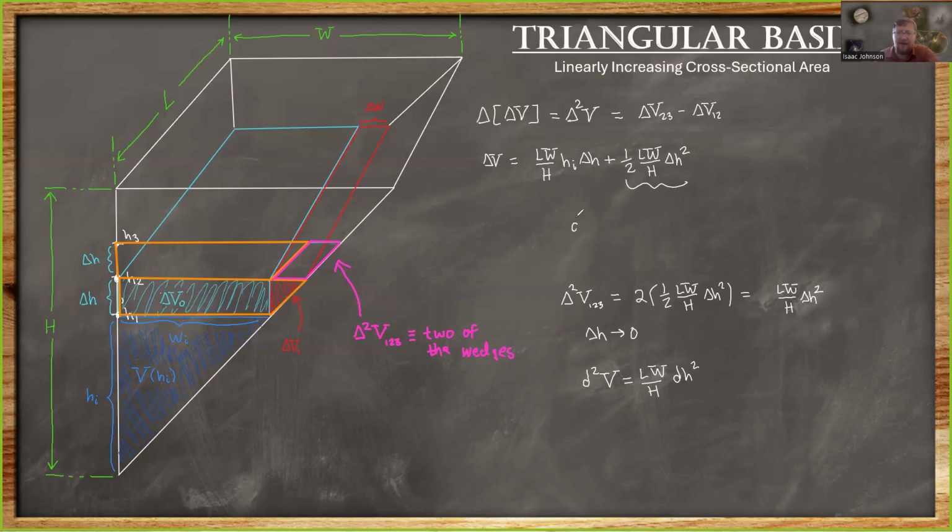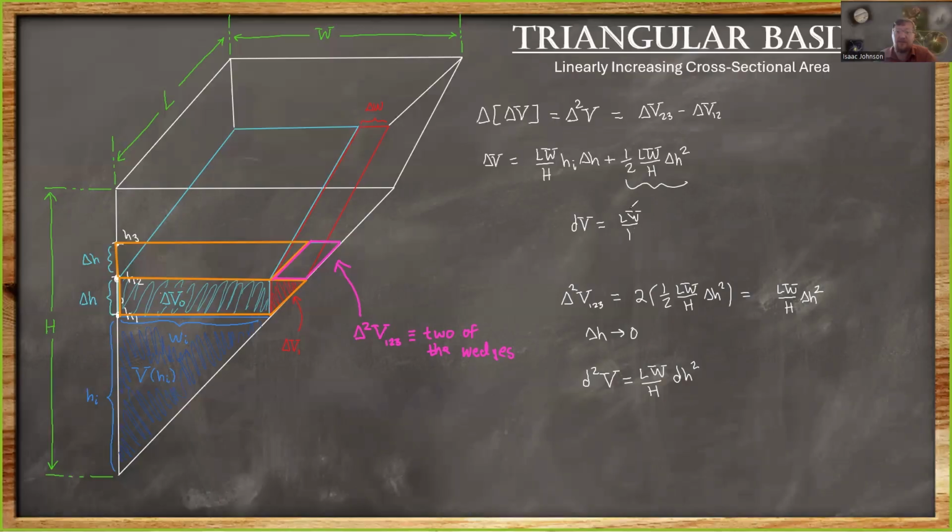What did we end up finding dV to be? Not d2V. What was dV again? It was dH times 1/2 length width over height, wasn't it? Was it the 1/2 one? It was length width over height times, I think, H initial plus H final.